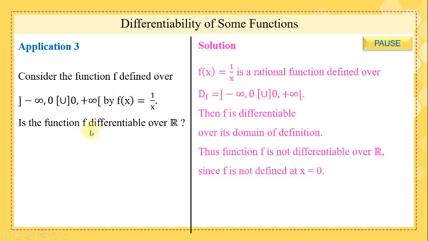Remember, I asked you if it is differentiable over R while it is only defined on R star, x does not equal 0. So simply, since the function is not defined at x equals 0, we say the function is not differentiable over set R. If you try to calculate the function derivative, we get minus 1 over x squared, which confirms the idea we said: it exists for all values except 0.